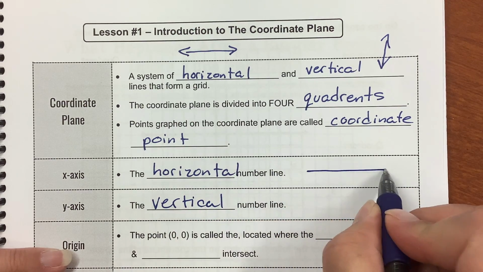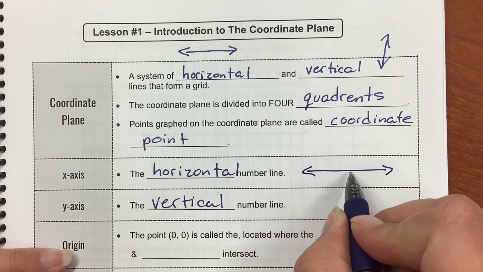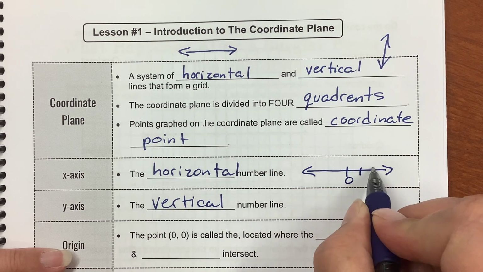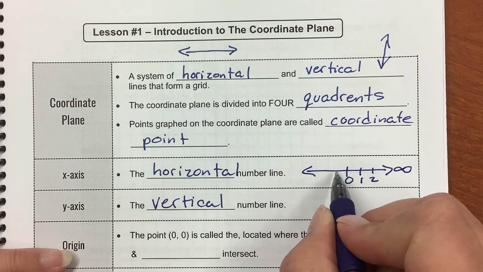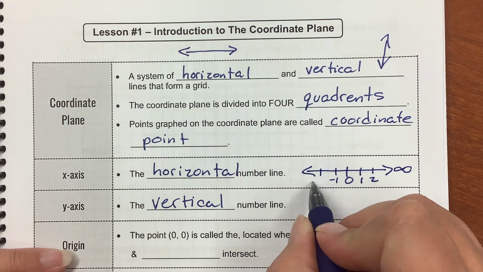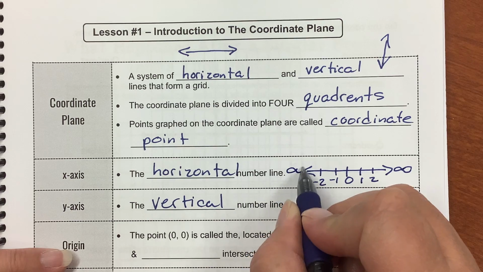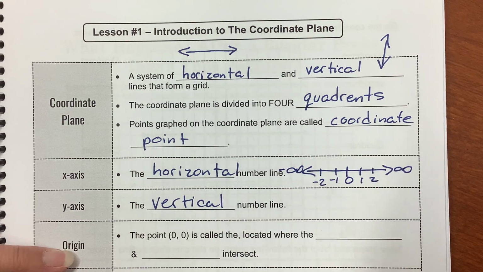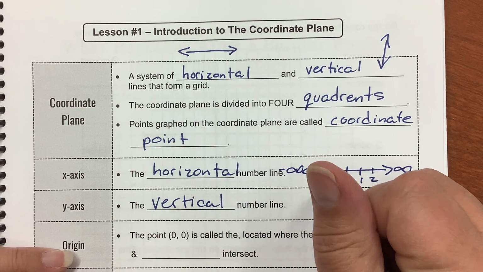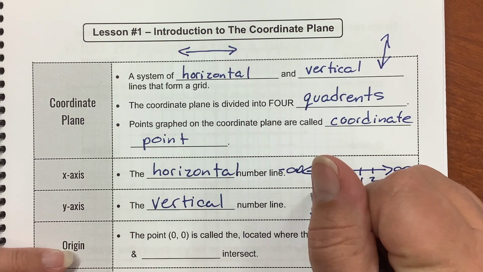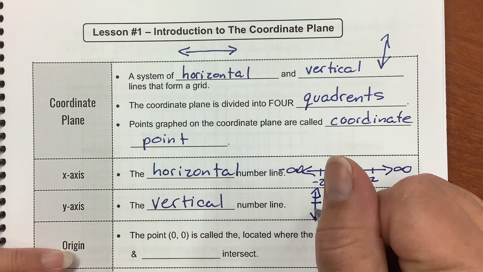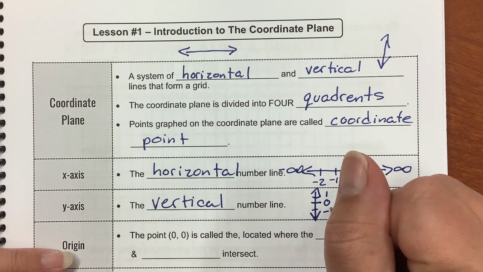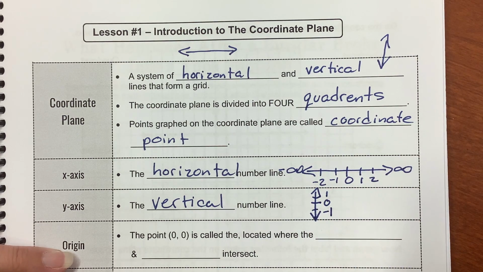So here we go. 0 in the middle, 1, 2, to infinity, -1, -2, to infinity, but negative, and then a vertical number line, 0 in the middle, positive going up, negative going down, and also to infinity.